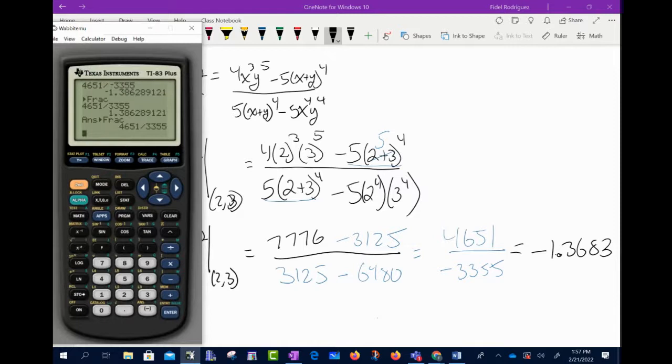When I divided them out, I came up with a 1.368289. Why is your answer not positive? Because I did it a second time with only positive numbers. Did you come up with 4651 over 3355 with a negative? Yeah, I was trying that.